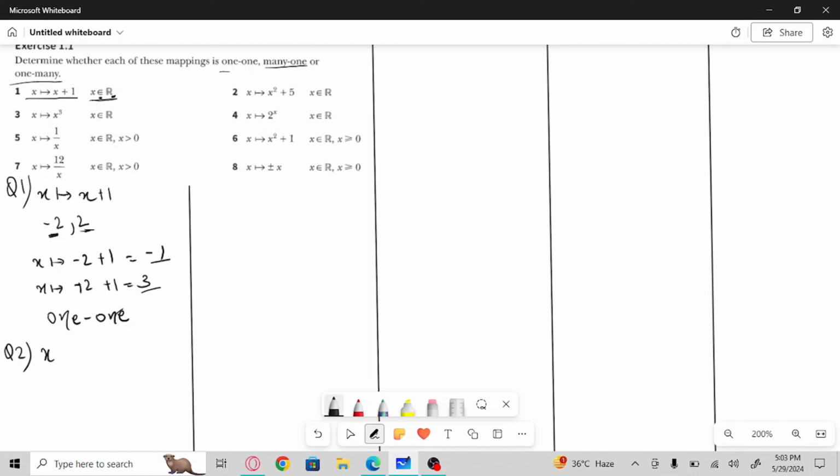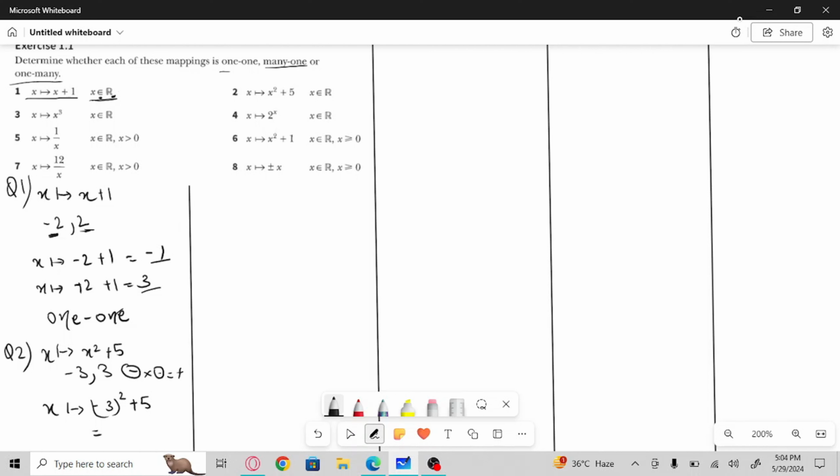Here x is mapped to x squared plus 5, where x belongs to real numbers. Again, take any two input values, preferably a negative integer and the positive value of the same integer, -3 and +3. If we say x is mapped to (-3) squared plus 5, this gives us 3 threes are 9, but it's going to be +9 because negative multiplied by negative is equal to positive.